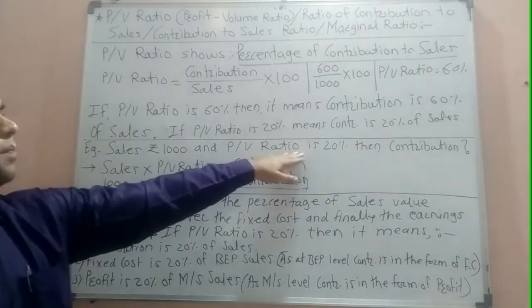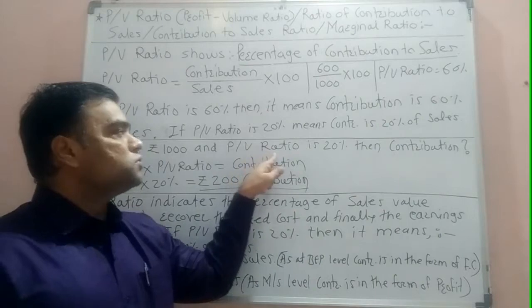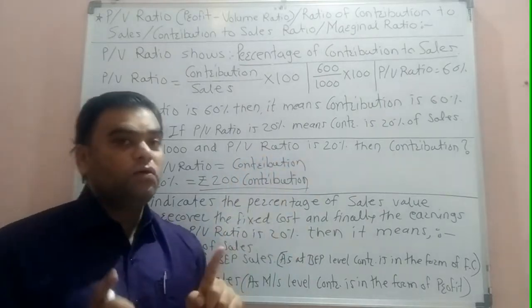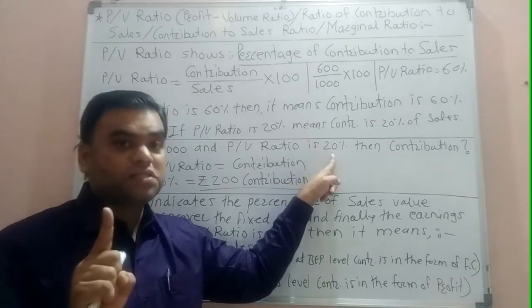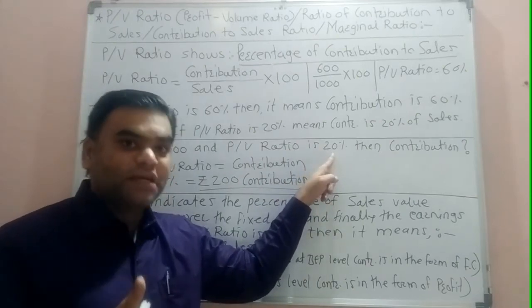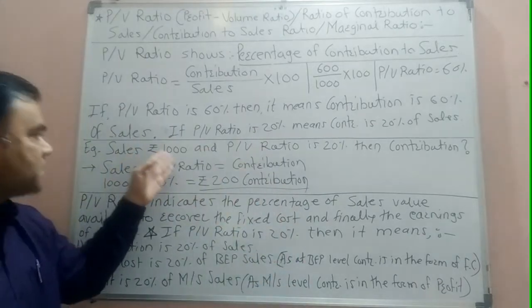We know the PV ratio, that is the contribution to sales ratio is 20%, which means contribution is 20% of sales. So we have the amount of sales.